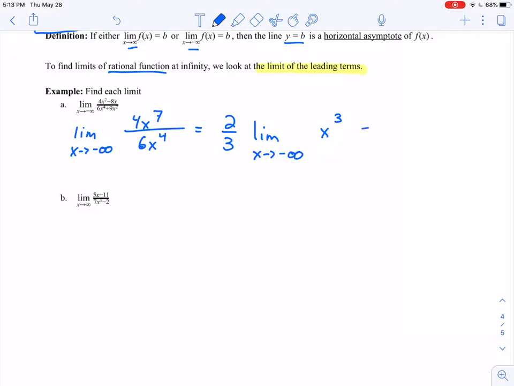If I'm looking at the limit as x approaches negative infinity of x cubed, I know that x cubed approaches negative infinity, so 2/3 times negative infinity is still negative infinity. So I can just look at the leading term of the numerator, the leading term of the denominator, and then simplify the results.